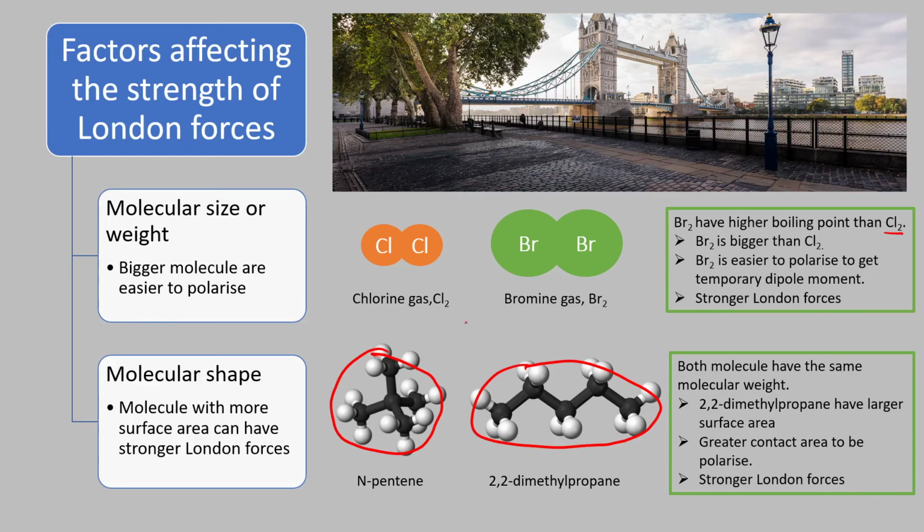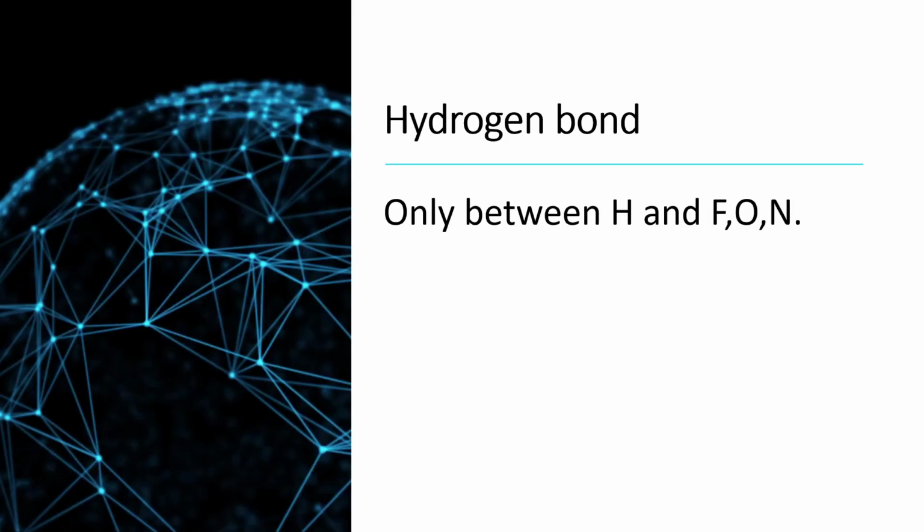Maybe ada a polar molecule dekat sini dia tolak, making this electron dekat sini tergerak ke sini, so having a polar moment. Okay, while kalau sini most likely a lot of it akan terasa, diorang terasa equally instead of here, so it is less likely to get polarized.